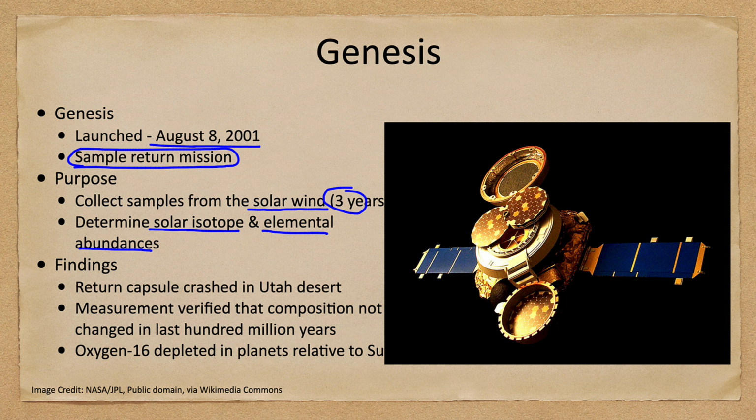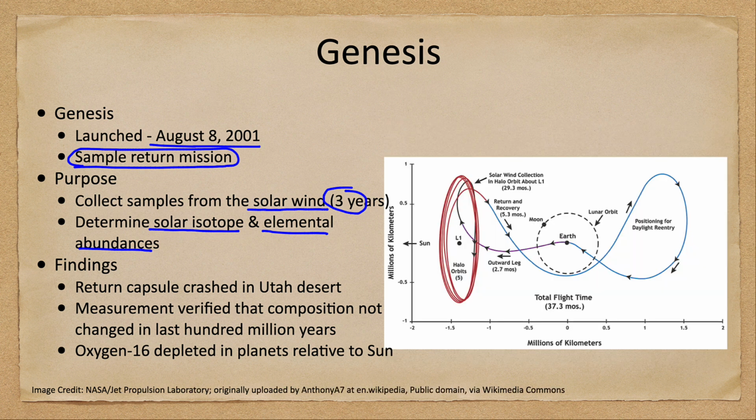Now, this was sent on an unusual orbit, and let's take a look at that here. As we can see in the orbit, it was sent out towards the left-hand side in my image, to the L1 Lagrange point. And it was put in a circular orbit around that and designed to really be able to collect particles from the solar wind.